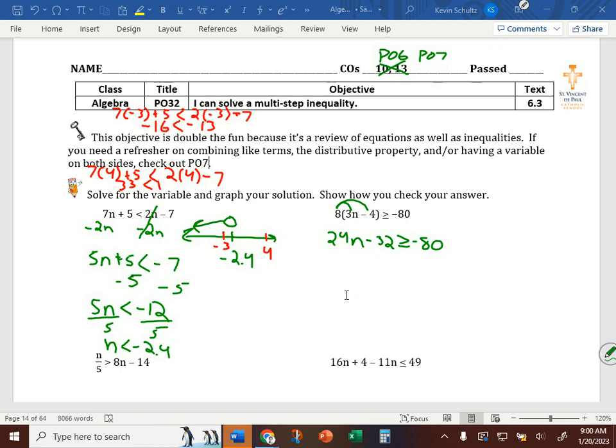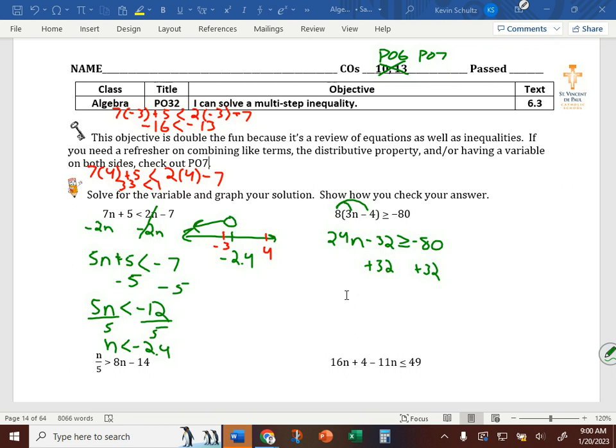Okay. Are we going to flip our sign here? No. All we need to look at is that multiplication division step. If that's positive, we will not need to flip our sign. If it's negative, then you will. Okay, so in this case, we will not. We start by adding 32 to both sides to move that constant over.